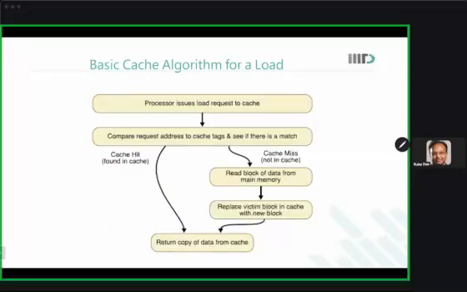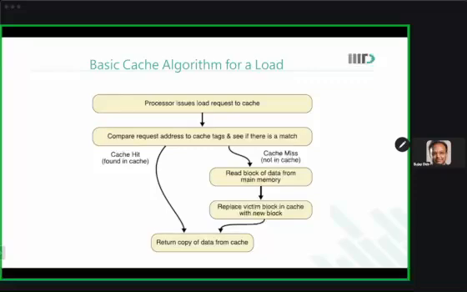So based on that, we also looked at the algorithm for simple instructions like load. So the processor issues the load request and the request goes to the cache. Then the cache compares the address from which the data needs to be loaded and sees whether there is a match.